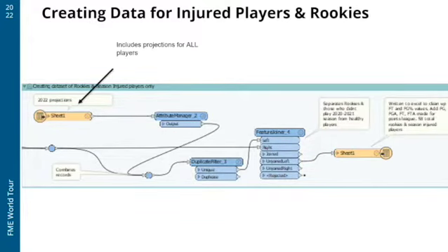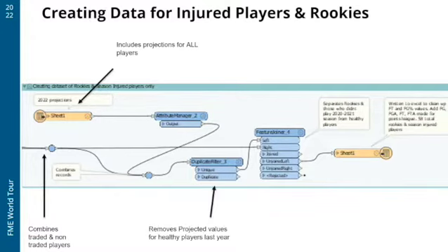This is where I bring in projections for all players, because obviously I have to use projections for players that weren't in last year's analysis. As I said before, this is where they combine the two processes from before. And then this is where I remove the healthy players from last year, so that we're only dealing with the rookies and the injured players.